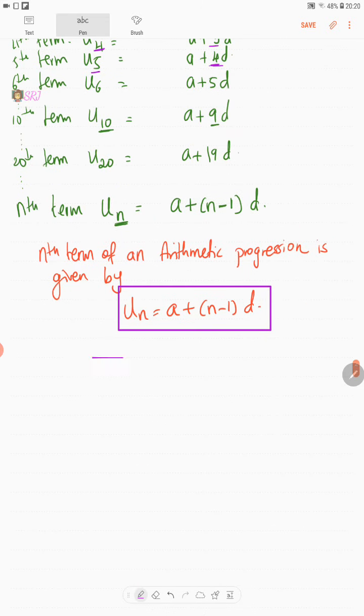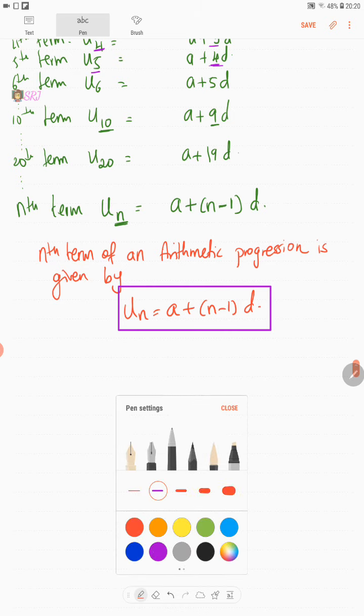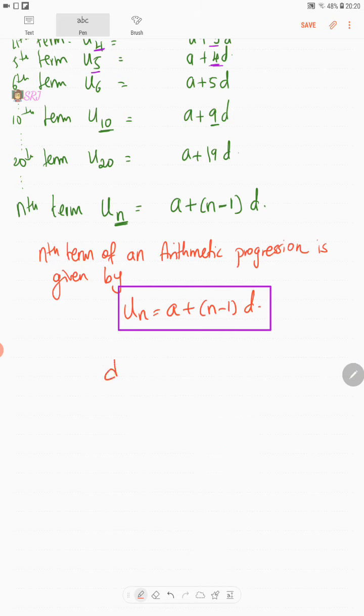So the common difference is minus 2. So to obtain the common difference d, we can take un minus the previous term. So the previous term will be denoted by un minus 1. So this might be useful for you.